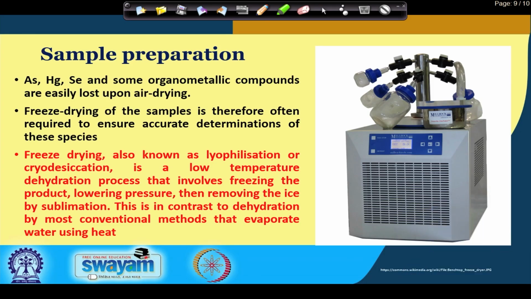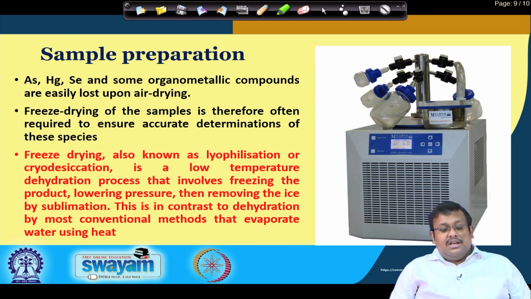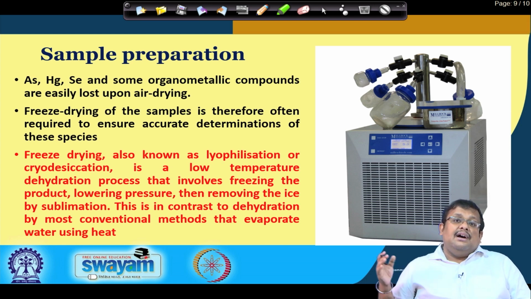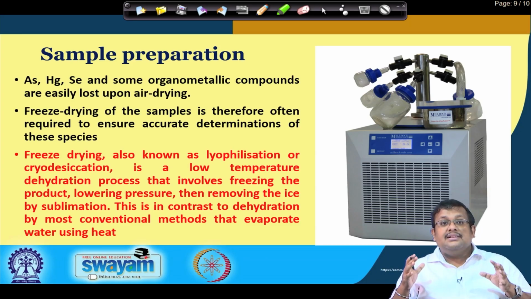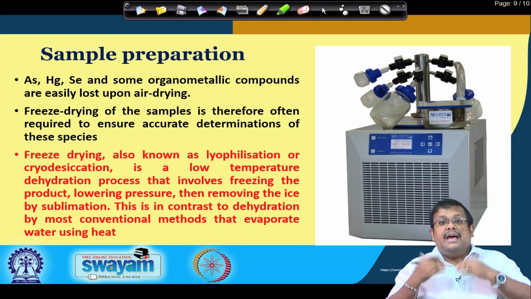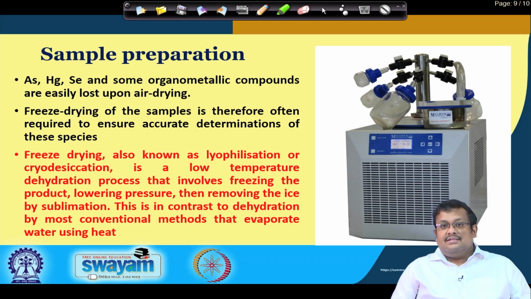Now, freeze drying, also known as lyophilization or cryodesiccation, is a low temperature dehydration process. So, what happens in this freeze drying? It is a low temperature dehydration process that involves freezing the product, lowering the pressure and removing the ice by sublimation.